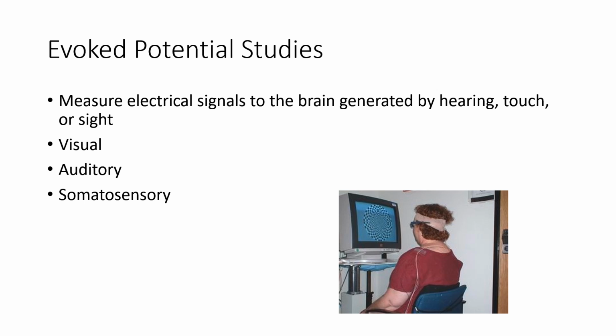So in the visual evoked potentials, which is the picture you're seeing here, the patient looks at a visual stimulus like a flashing light or a checkerboard pattern, and they monitor how long it takes to have a reaction to that. With auditory, they use a repetitive auditory click in a soundproof room.